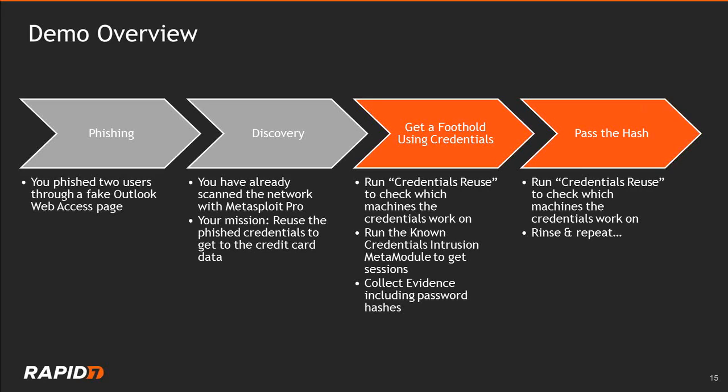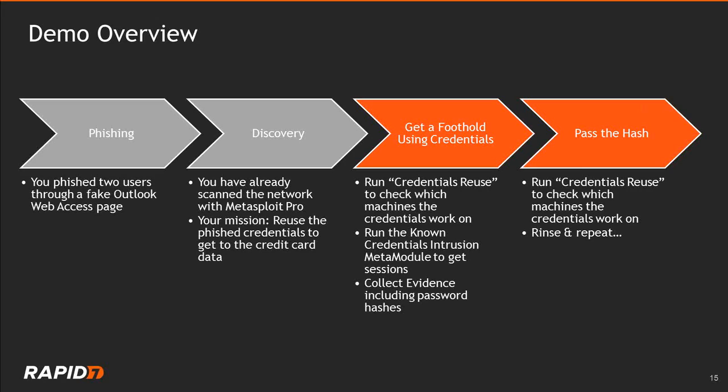All right, so before we jump into the demo, I quickly wanted to give you an overview of what I'm going to show you. In this demo, we cut the scope down a little bit for timing reasons. Some of the things I've prepared before the demo: we're assuming that you have phished somebody with a fake Outlook web access page.